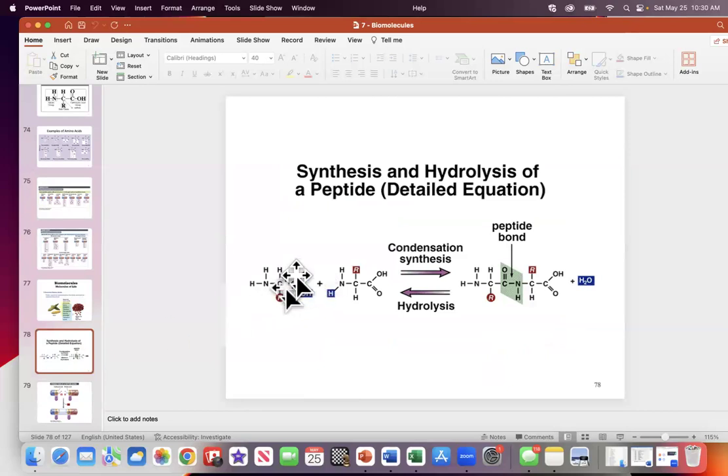When you have two amino acids, it's called dehydration synthesis. You remove an OH, remove an H, and they form a peptide bond. Now you combine these two amino acids together. And when you eat meat, when you eat steak, your digestive system will cut this. It's called hydrolysis, becoming a single amino acid.